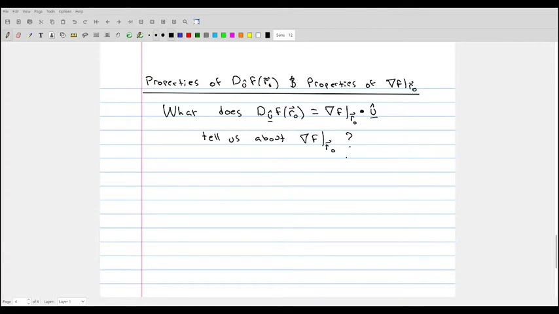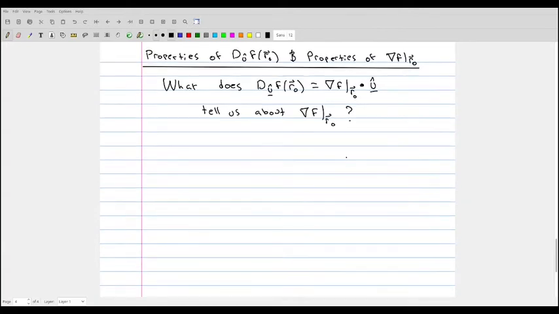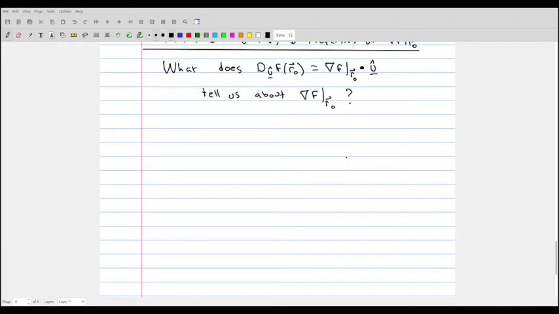And it tells us a lot. We can actually use this to describe in general what direction the gradient vector is pointing, always.